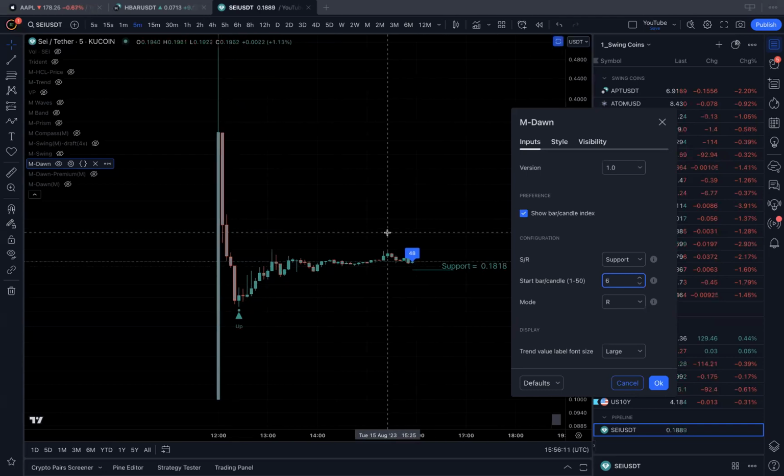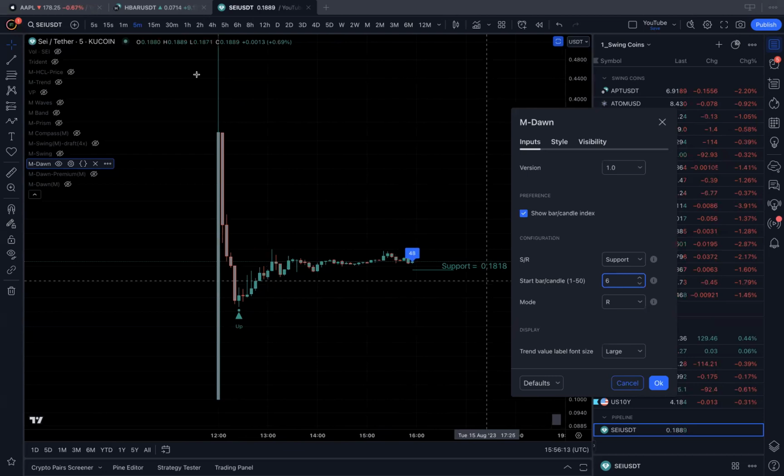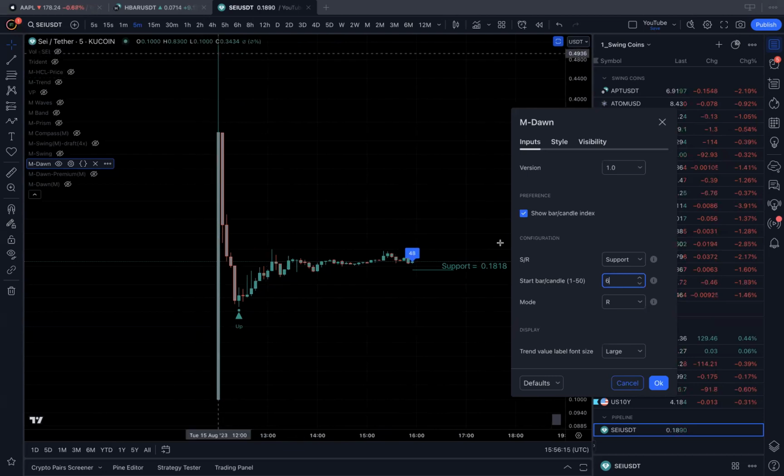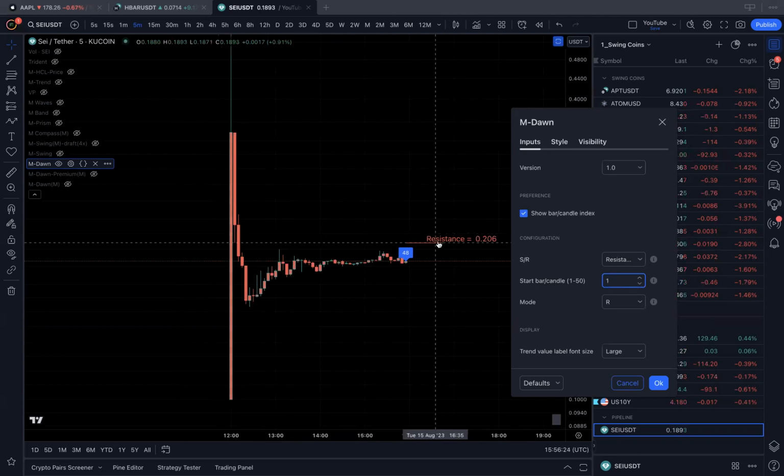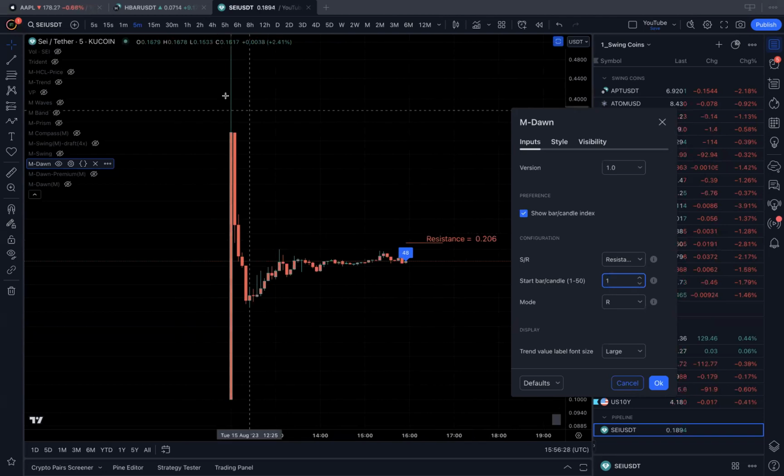Now, if this is the high you want to track and find resistance, you can find out by setting it at number one and saying, if this is broken, then it is likely to break above this as per the indicator. That means it could really get momentum.